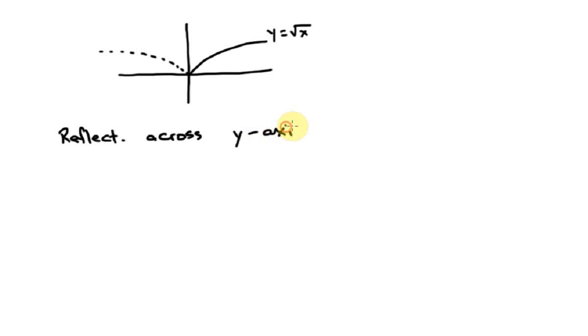Well, you probably already guessed what the secret is. You take your function, and if you want to flip it across the y-axis, you got to locate x, and it's inside the function. So that's the difference. Before, that negative was sitting out here. Now what we want to do is put the negative right in front of the x. That should have the effect of reflecting our original across the y-axis. Now, why is that?